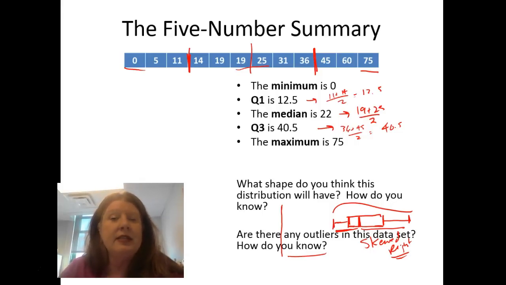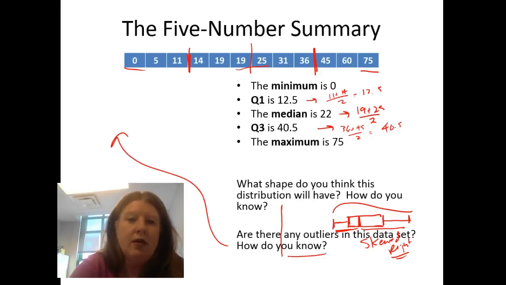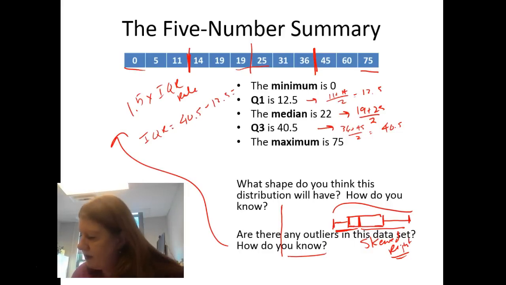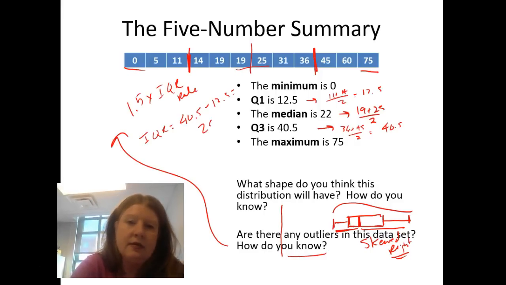Are there any outliers in this data set, and how do you know? So remember how you would figure out if you have an outlier. We need to use our 1.5 times IQR rule. So what's the IQR in this case? Our IQR is 40.5 minus 12.5, and that's going to end up giving us 28.